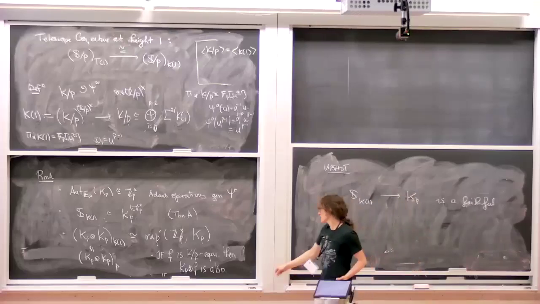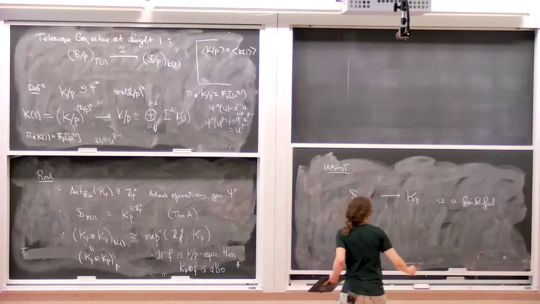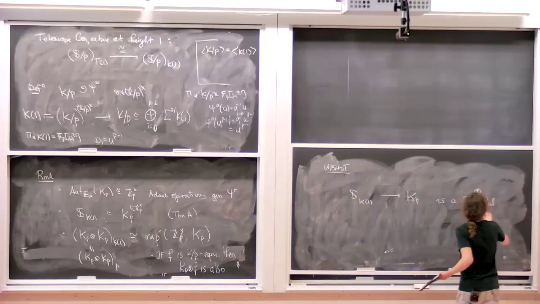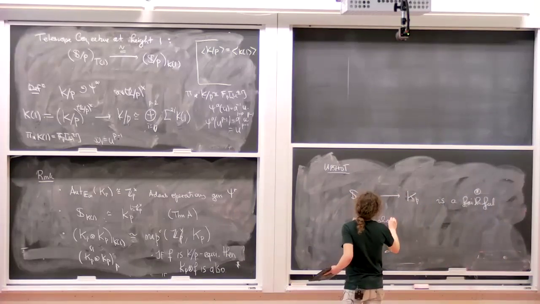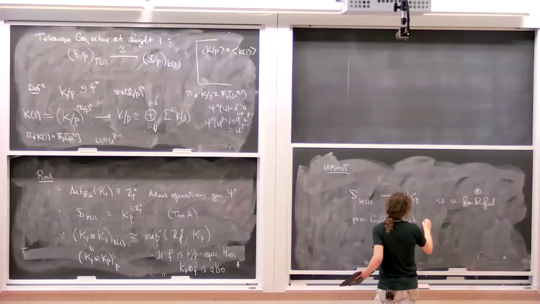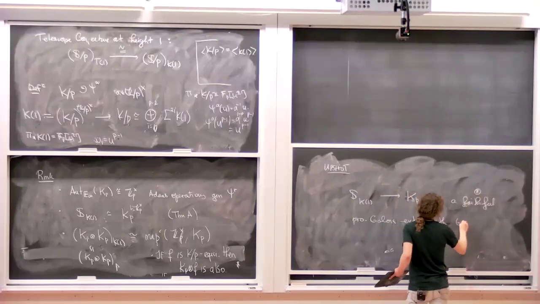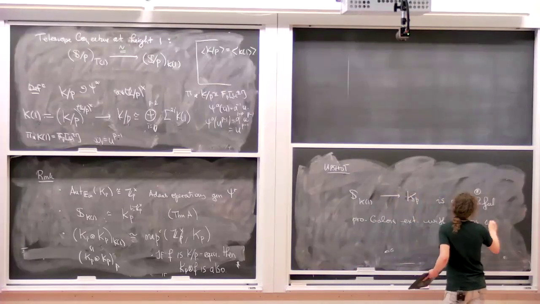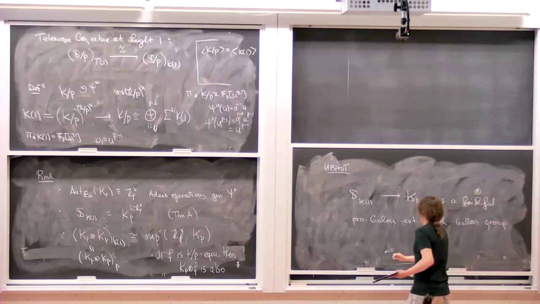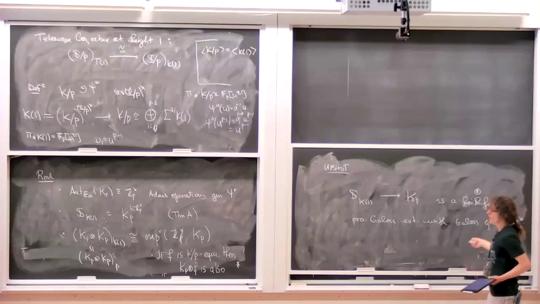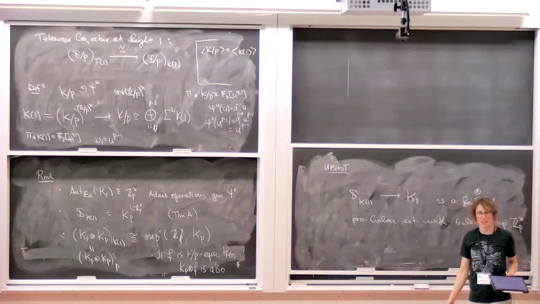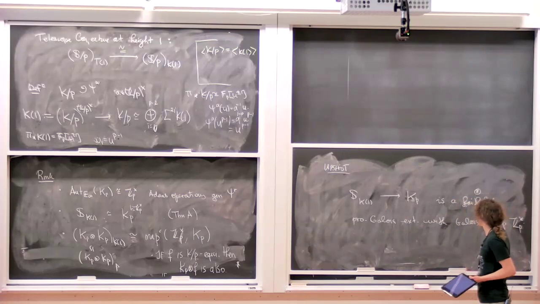So the faithful is this condition: pro Galois extension with Galois group ZP star, which happens to be the automorphisms of this gadget as an E infinity thing. Okay, so this is a Galois extension.